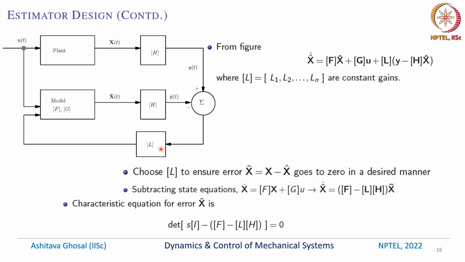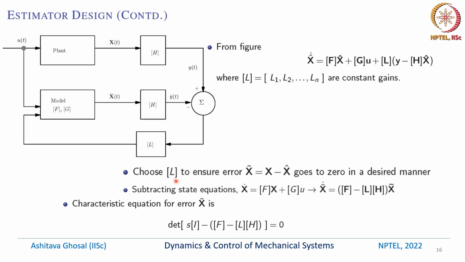The equation from this figure is x hat dot equals f into x hat plus g into u plus L into y minus h x hat. Here h into x hat is actually y hat, so y minus y hat is this quantity. You multiply that by L, and then feed it back to this model.